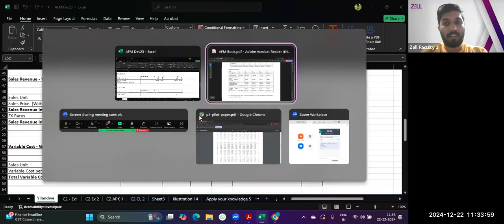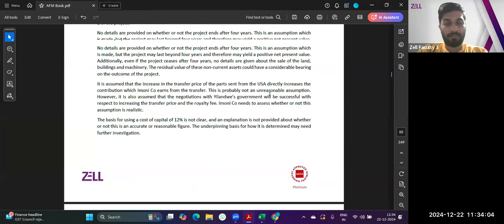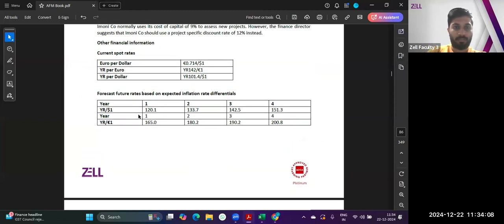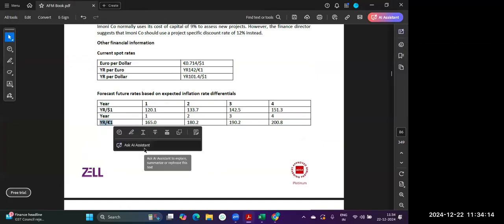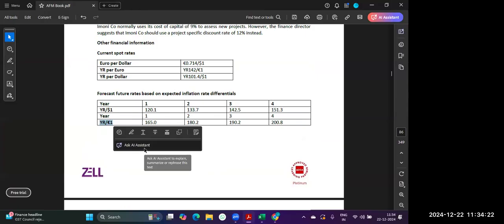Is the conversion rate available? Yes, sir. Where is it? Current spot rate. Which rate will you use? See, the spot rate will be your year zero.